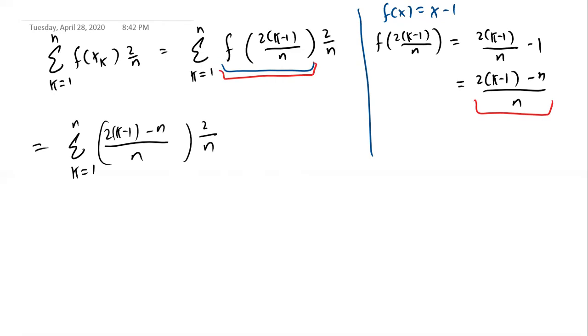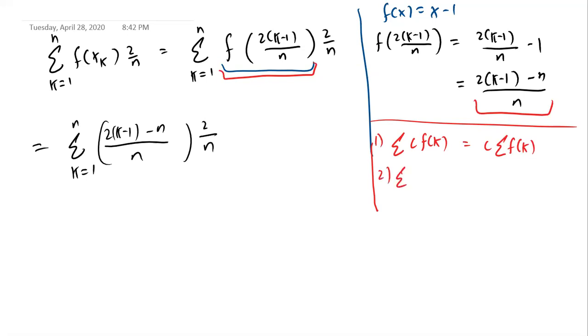Now here, I'm going to review some properties of sums that were mentioned. If you have a constant times an expression of k, you can move the constant out. So similar to what happens with integrals and derivatives.